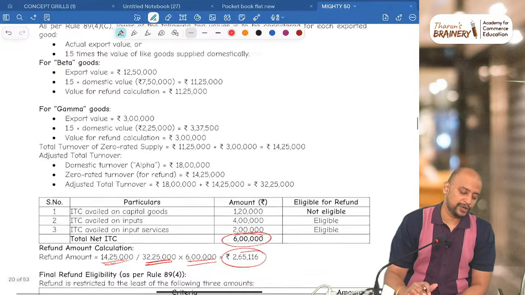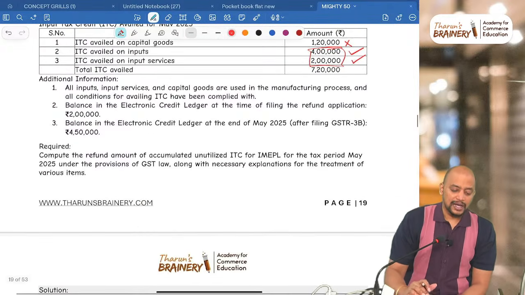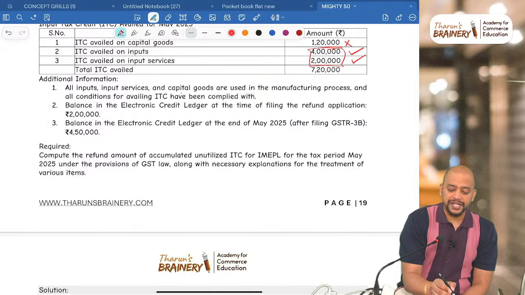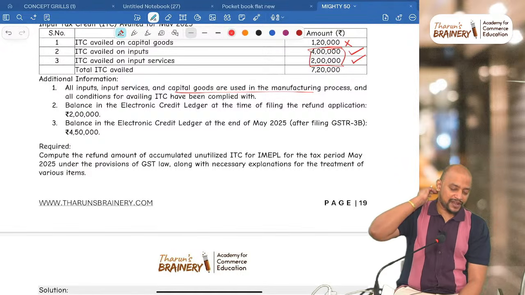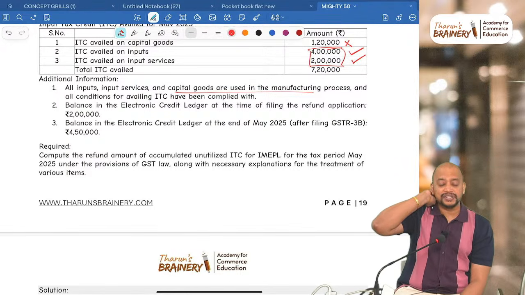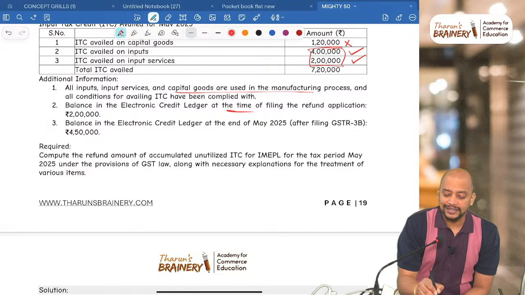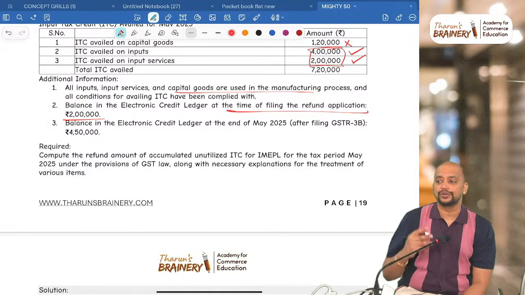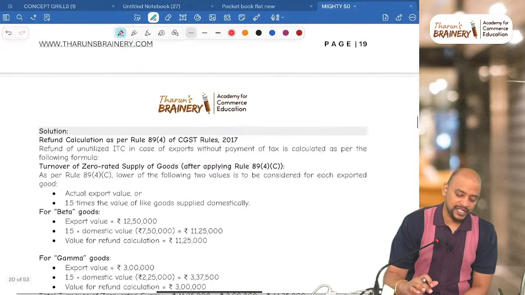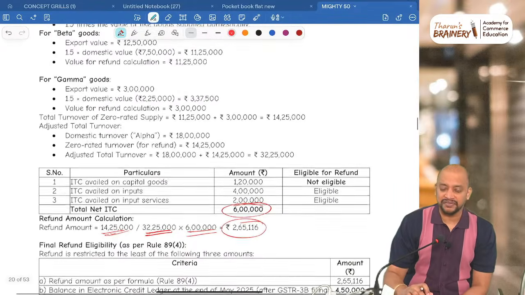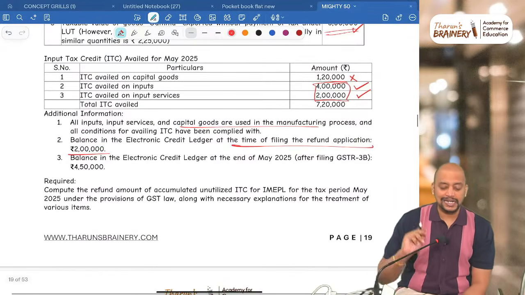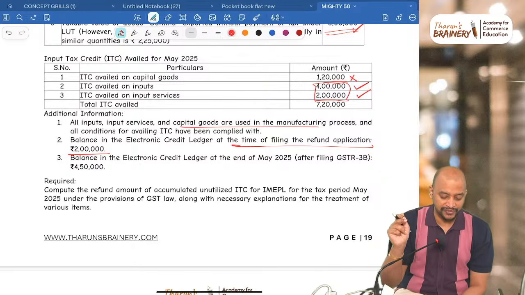But there is one point, that is all inputs, input services and capital goods are used in the manufacturing process, and all conditions for availing ITC have been complied. Balance in credit ledger at the time of filing refund application is only 2 lakhs. So refund as per formula 2 lakh 65,116, and balance in ITC at the time of filing application for refund.